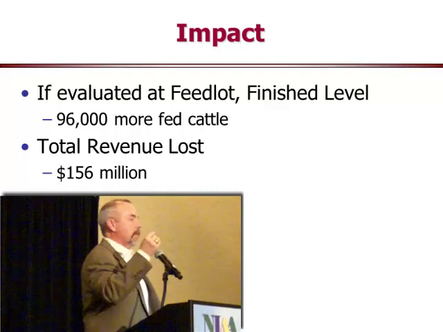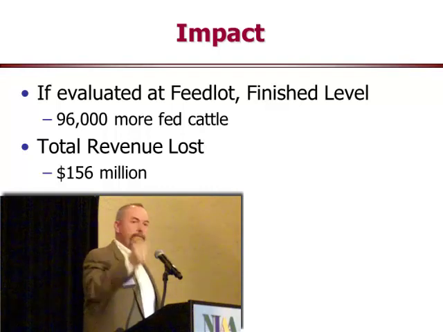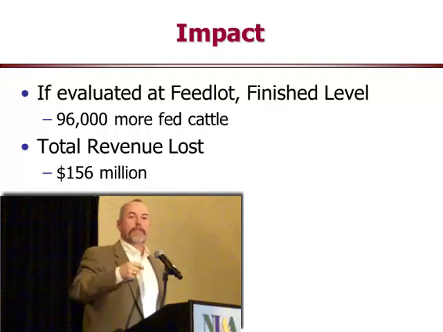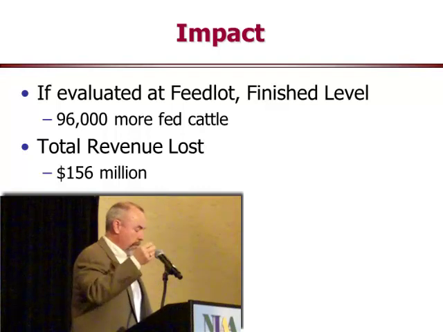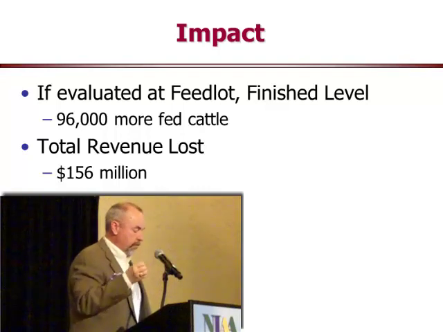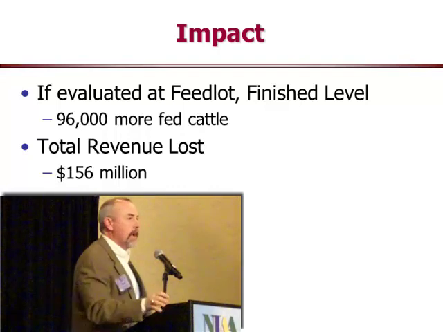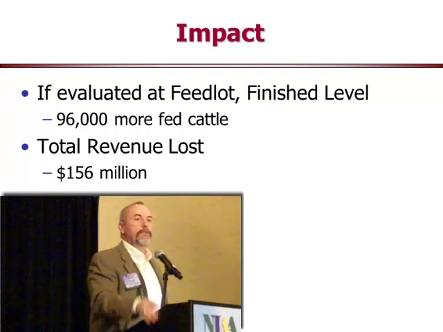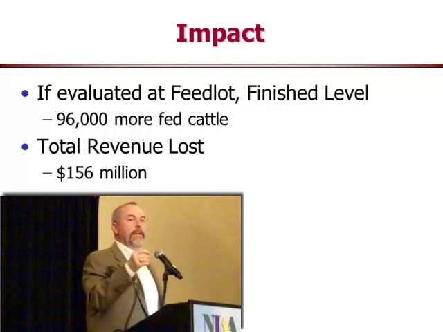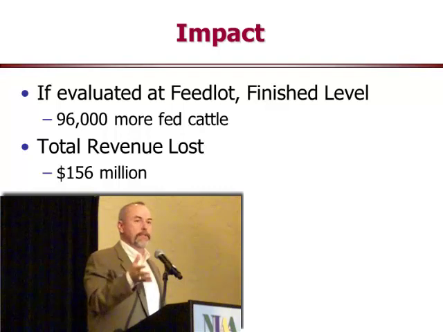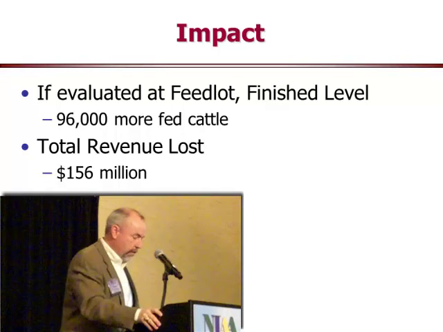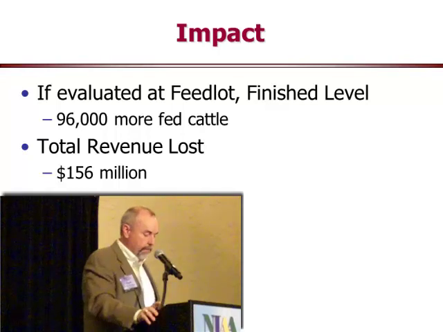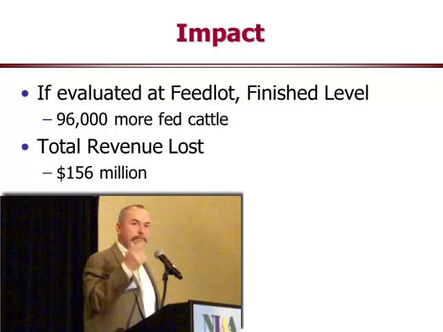If we go a step further and look at an economic impact, where we look at a multiplier and the revenue that's generated throughout the economy, and we look at jobs, employment, revenues, and such, we approach $300 million in terms of the direct, secondary, and indirect effects of the disease through the loss of those 96,000 calves, using a standard multiplier, using IMPLAN as our input-output model.